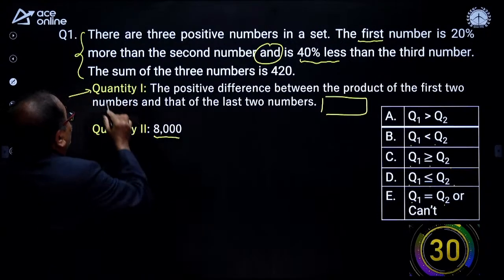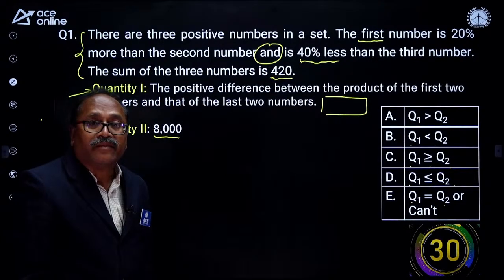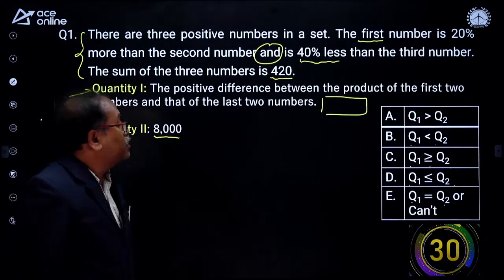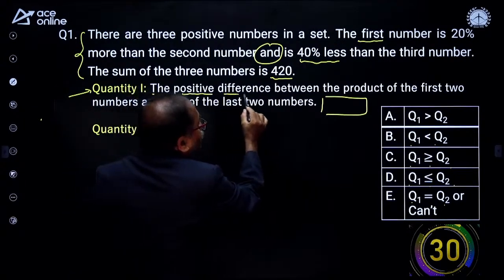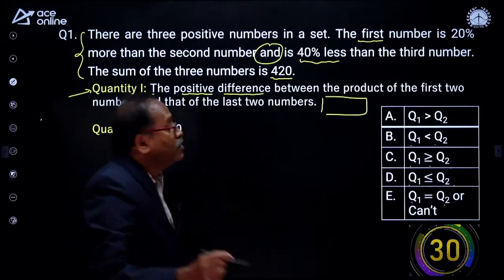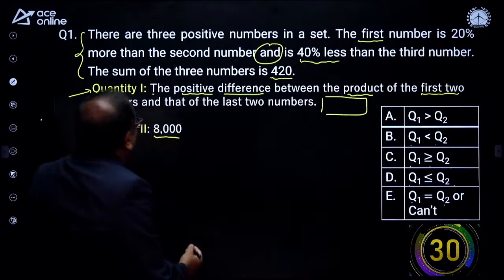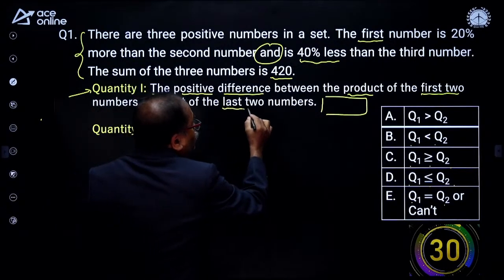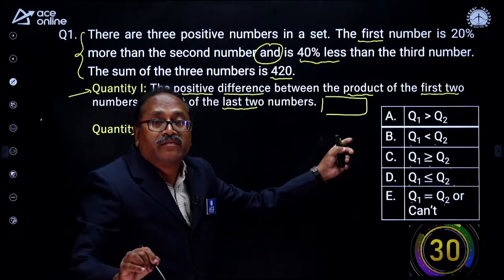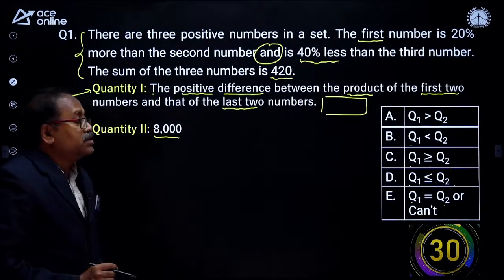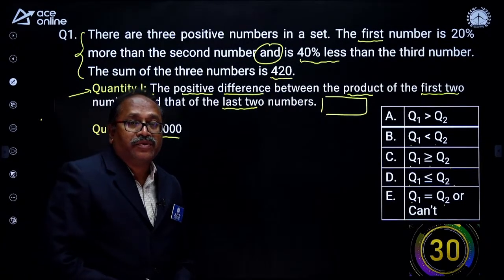Now the sum of the 3 numbers is 420. This is the information. What is the question we have? The positive difference between the product of the first 2 numbers and that of the last 2 numbers. That will be my quantity 1. And quantity 2 is 8,000. So I need to compare these two.